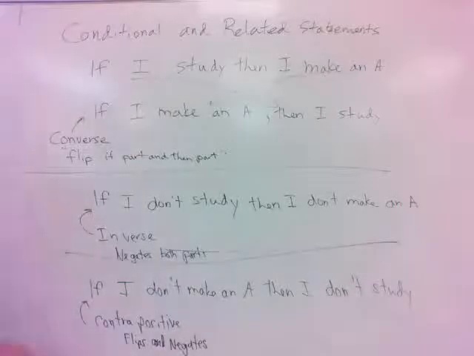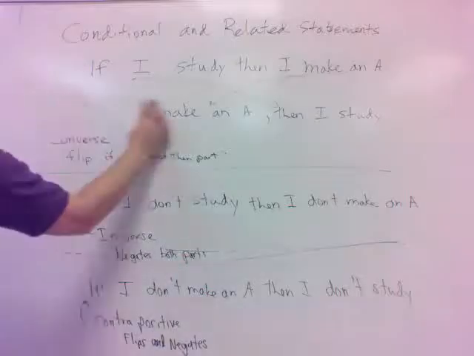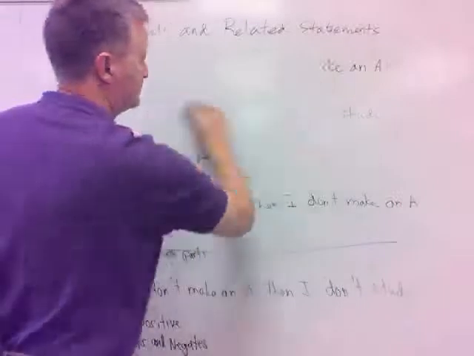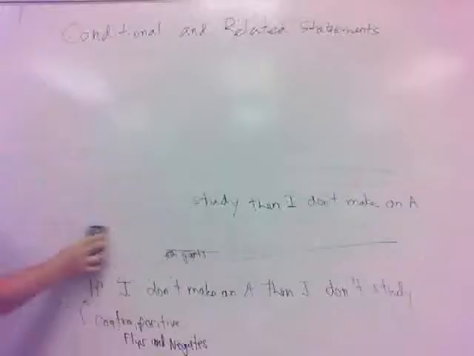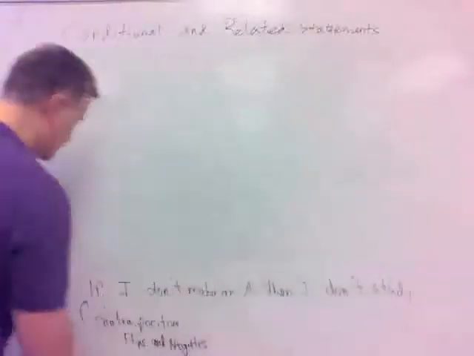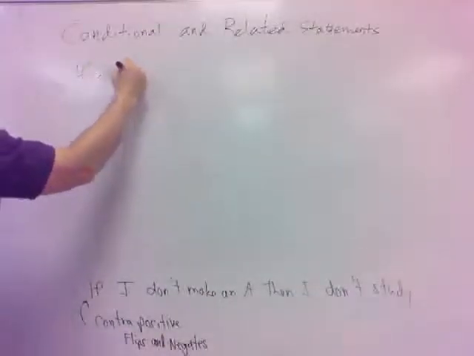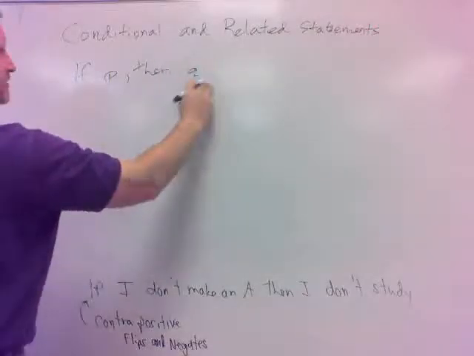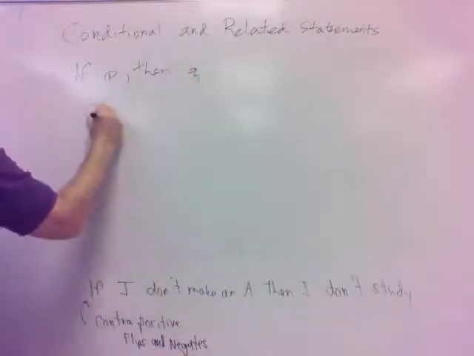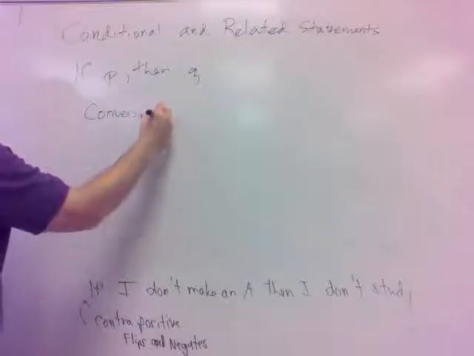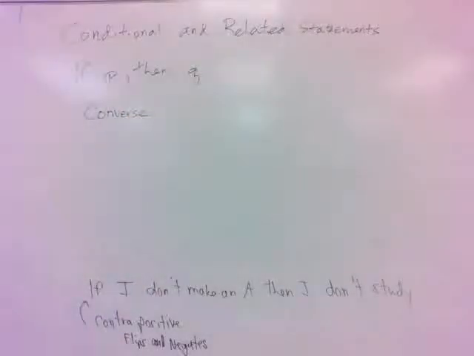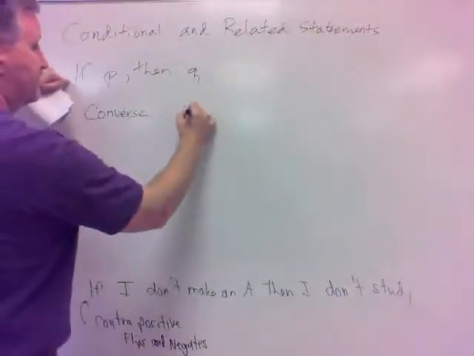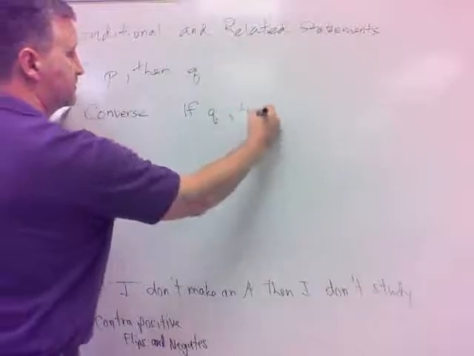All right, so let me rewrite this notationally. Let's say we've got an if P then Q statement. The converse of it: the if part becomes the then part and the then part becomes the if part, so that would be if Q then P. That's the converse.